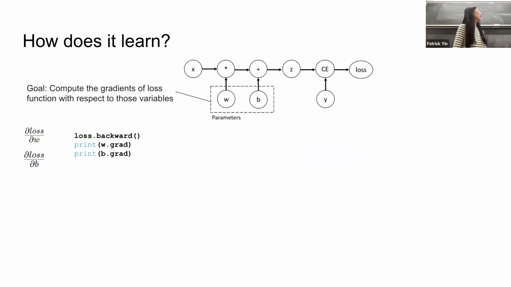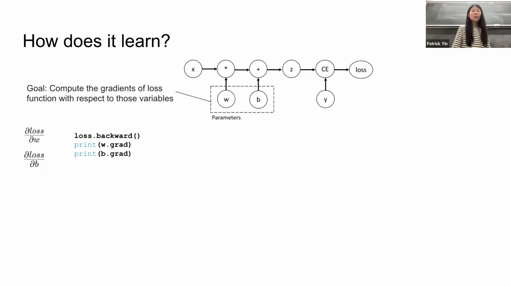If we symbolize the flow of the network, we represent the input as X, and the parameters of our network are the weights matrix W and bias B. So essentially we're trying to predict a label Z formulated as W multiplied by X plus B. We compute the cross entropy loss between the predicted label and the true label Y. Our goal is to find the best parameters W and B such that we can minimize the loss.